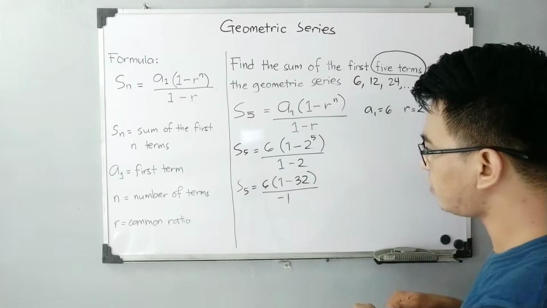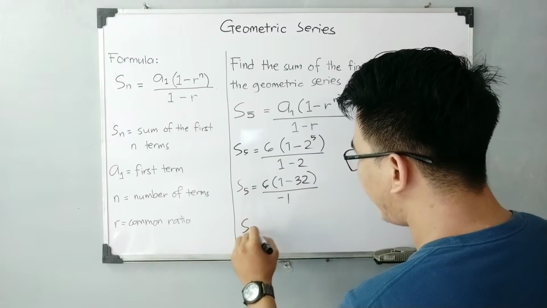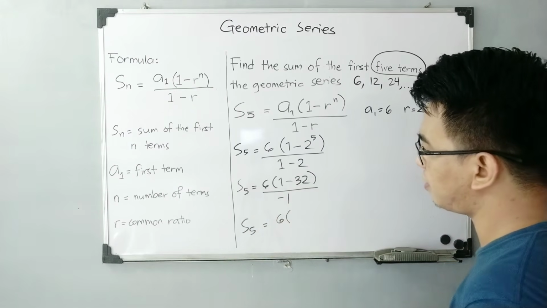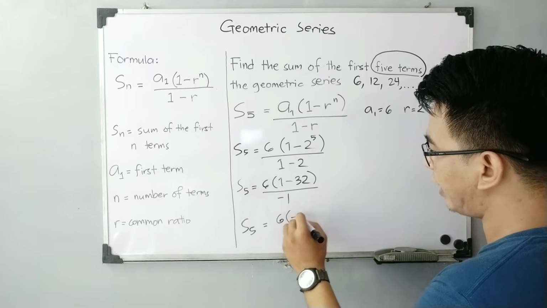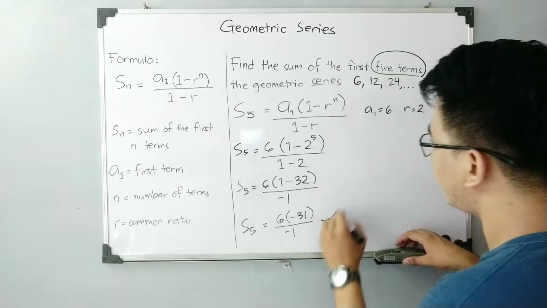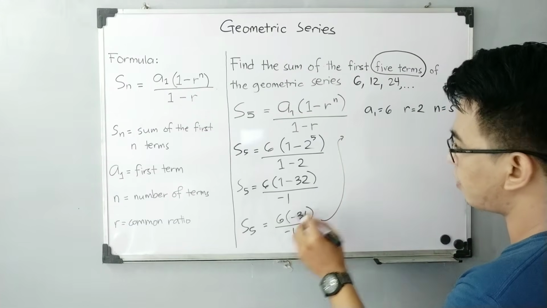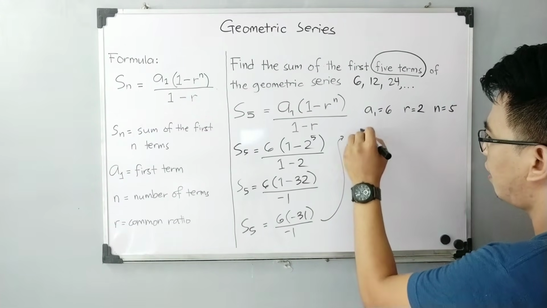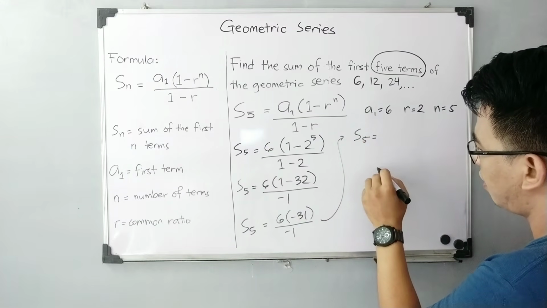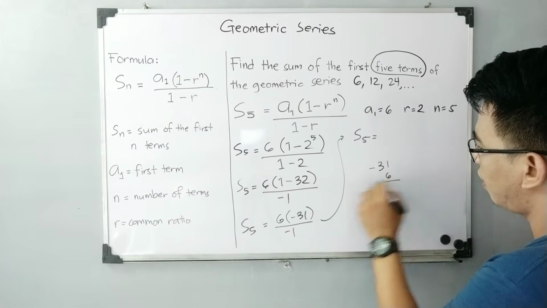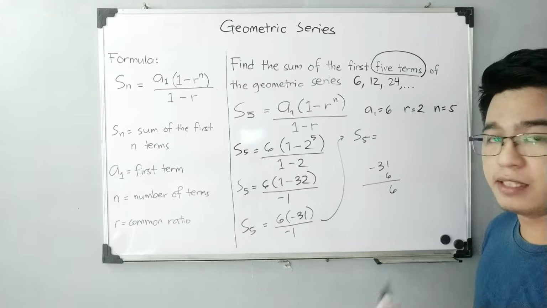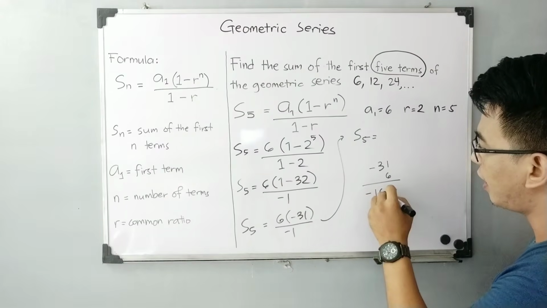Next, let us continue. S sub 5 is equal to 6 times 1 minus 32. That will give you negative 31 over negative 1. And to simplify this, let's continue. S sub 5 is equal to 6 times negative 31. 6 times 1, this is 6. 6 times negative 3, that is negative 18.